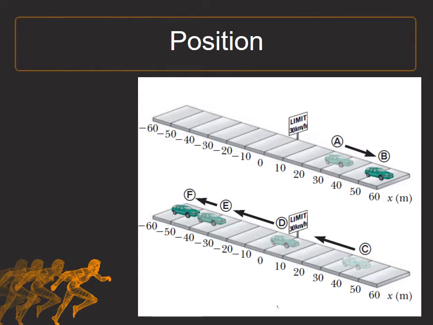So for example here, a car is moving from point A to B and then C to D to E to F. If we consider where the signboard is, the limit of 30 kilometers per hour, to be our zero reference point or our origin. So we are in one dimension only, the x-axis only.